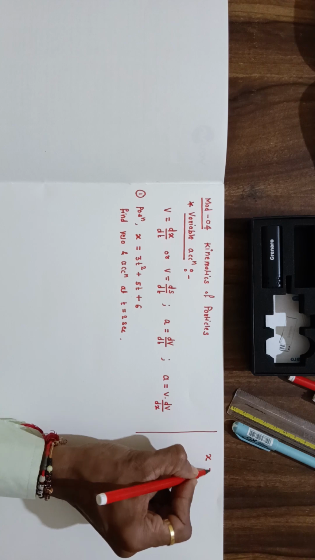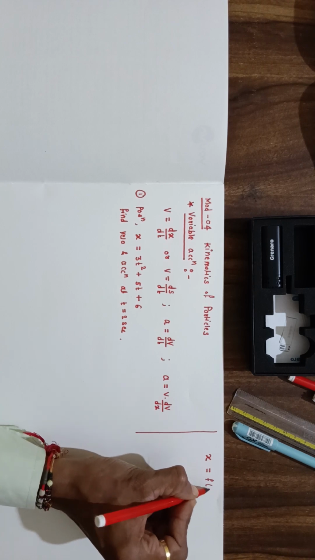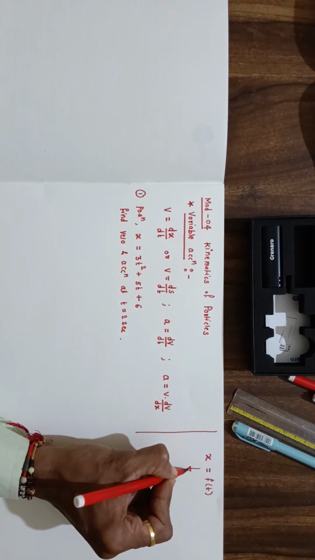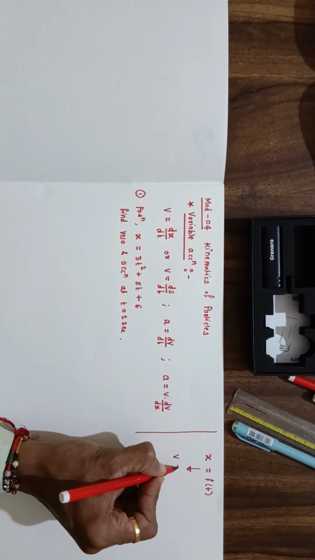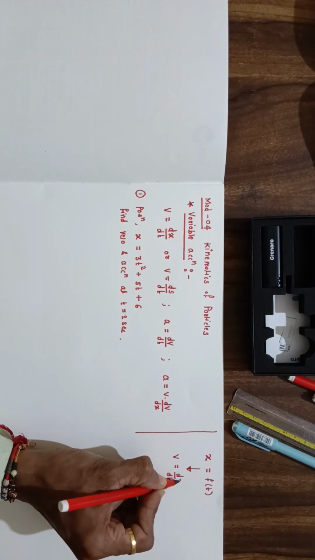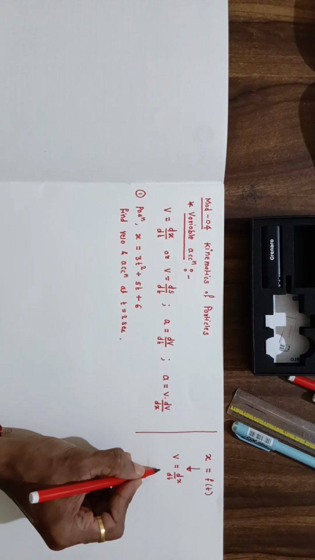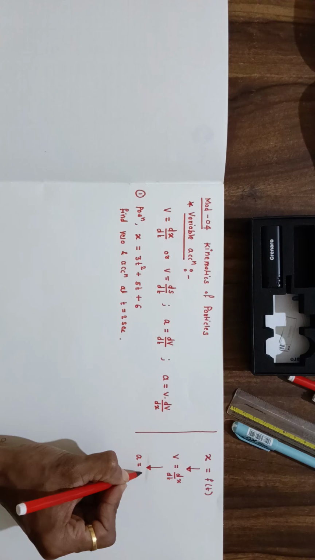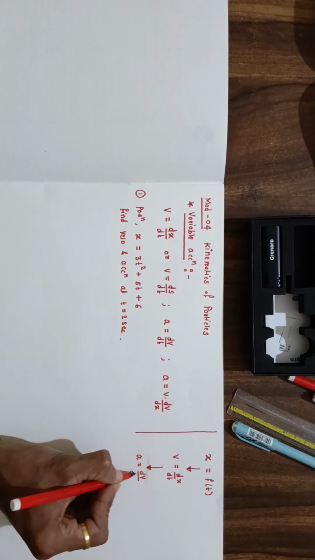Always we should remember, if x is given, which is a function of time, and from the x we want to find out velocity, then just take the derivative, so d by dt of x, so dx by dt. From the velocity, if you want to find out acceleration, just take the derivative dv by dt.